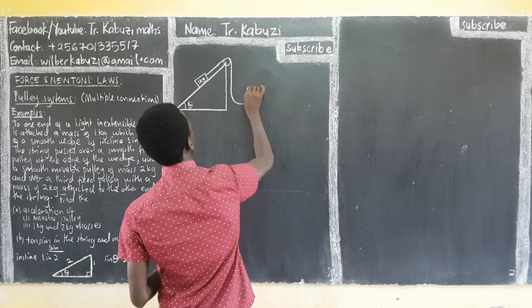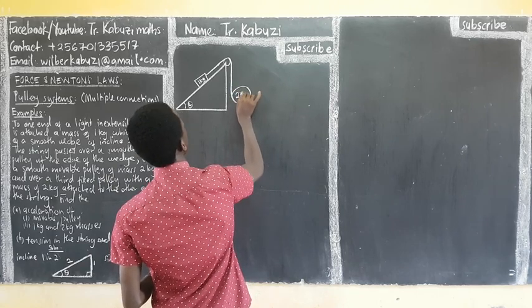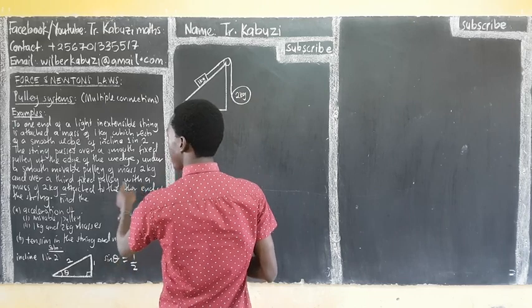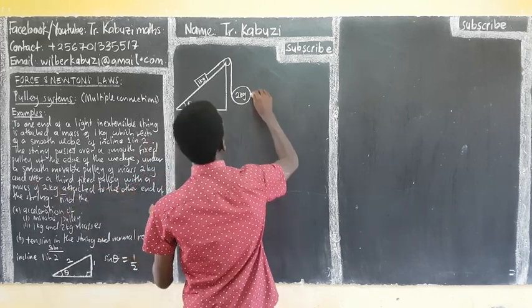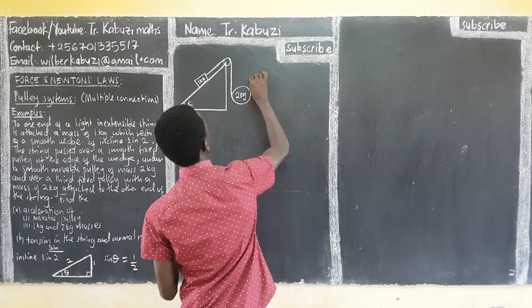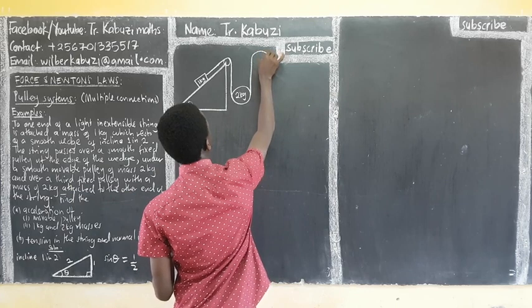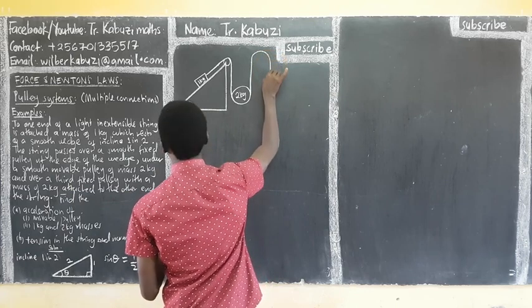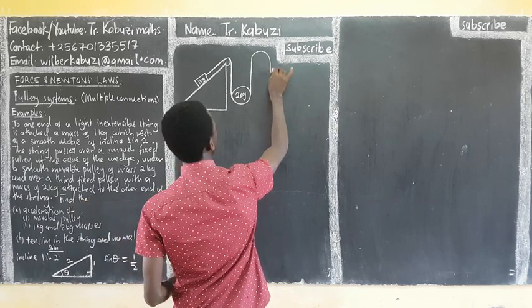Let us first create this pulley. It is of mass 2 kilograms. And over a third fixed pulley, meaning it's going to continue and pass over a fixed pulley there, with a 2 kilogram mass attached to the end of the string.